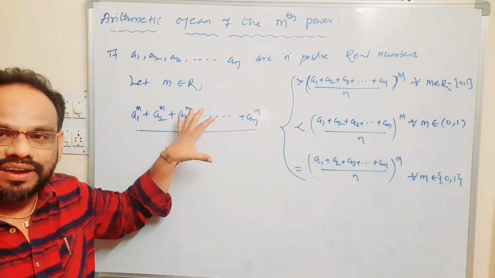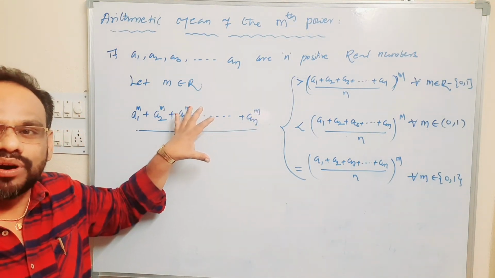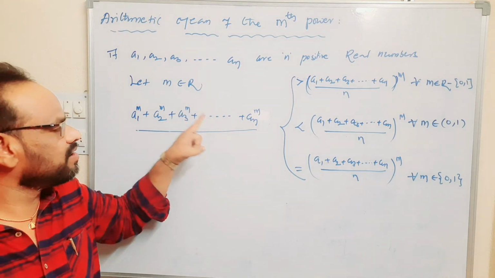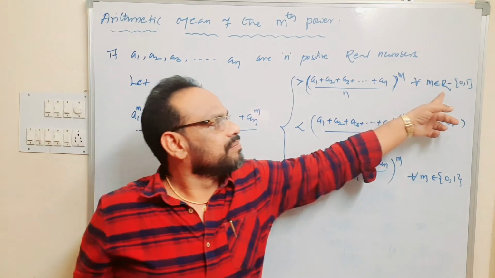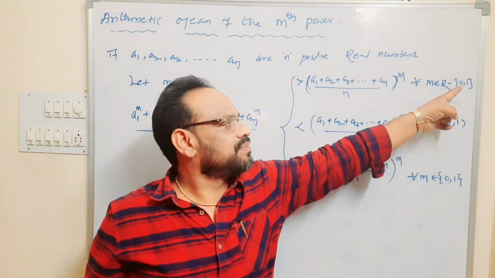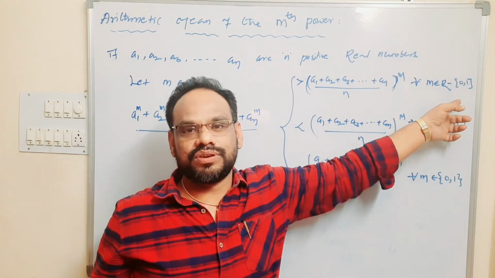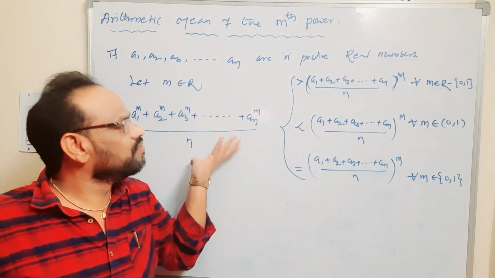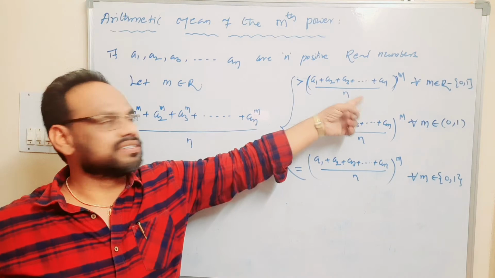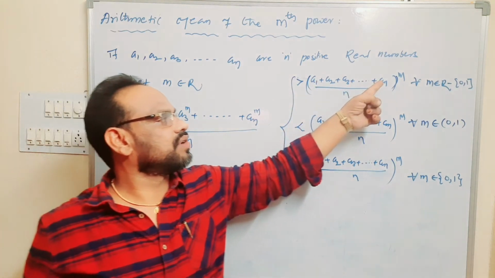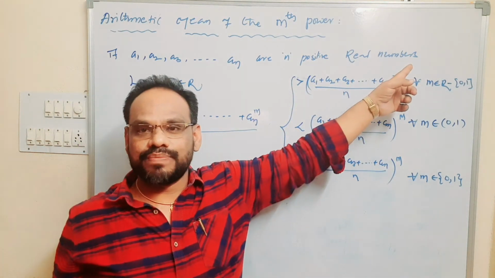This value always depends on the value of m. If m belongs to the real numbers except the closed interval 0 to 1, this value is always greater than (a1 plus a2 plus a3 plus and so on plus an) by n, whole to the power m.